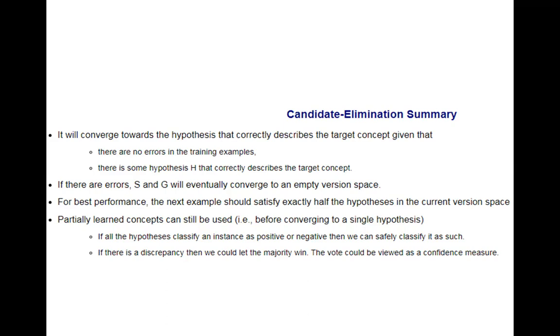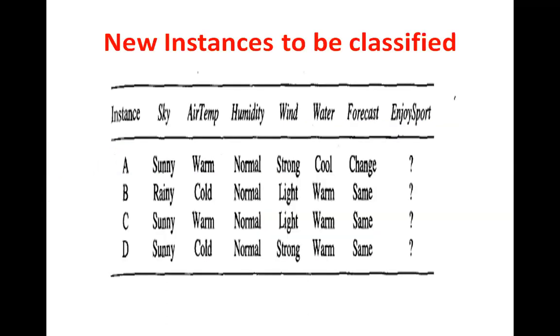If you have few hypotheses, then that partially learned concept can be used when you are using the candidate elimination algorithm. If all the hypotheses classify an instance as positive or negative, then obviously we classify it as positive or negative. If there is a discrepancy, like 4 positive and 3 negative, in that case we can consider the majority.